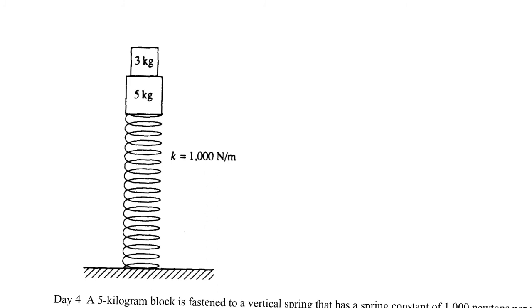I'm going to give you a hint right now to use in your homework. The downwards acceleration of the system has to be less than g. If the system accelerates downwards faster than g, then the 3 kilogram block will be left in the air, because the max acceleration that the 3 kilogram block can experience downwards is g, right?